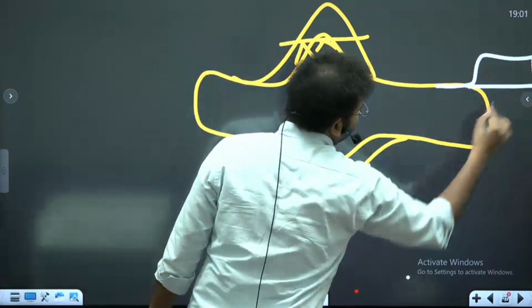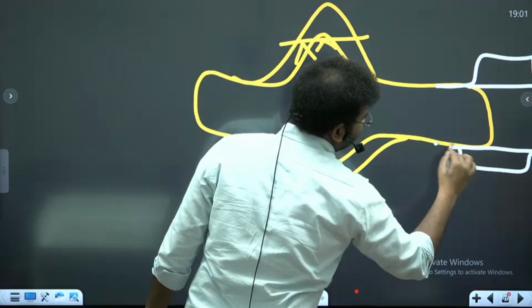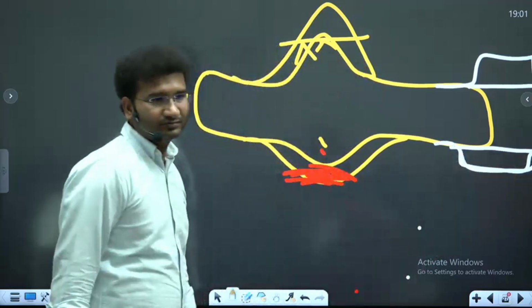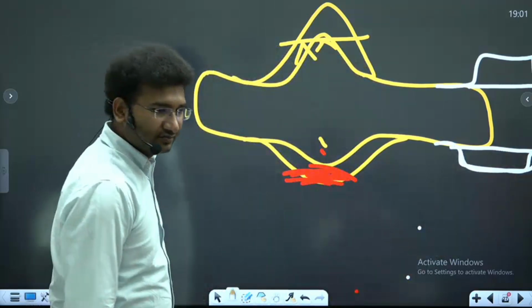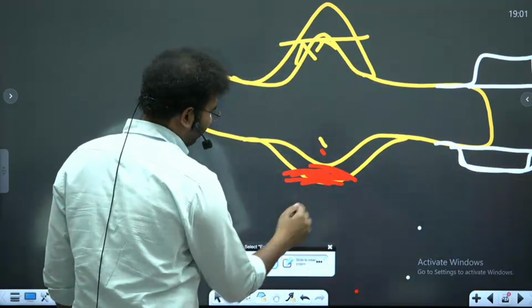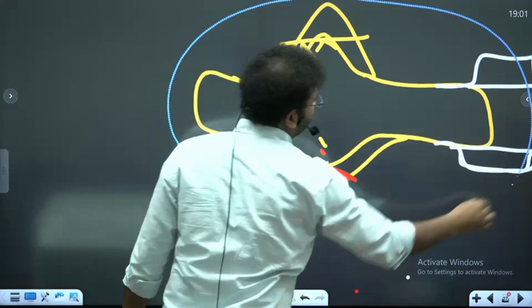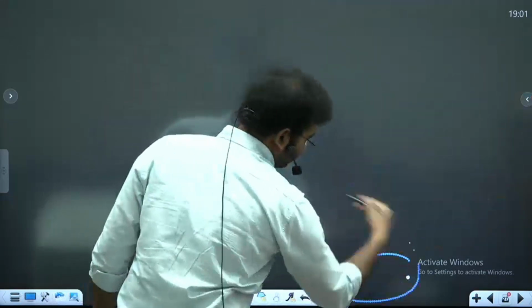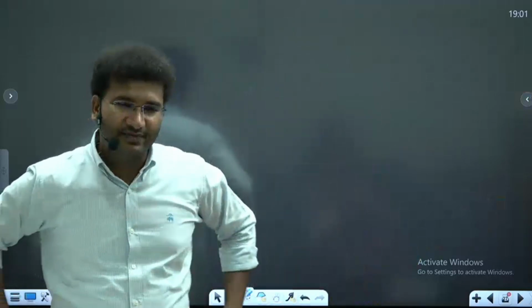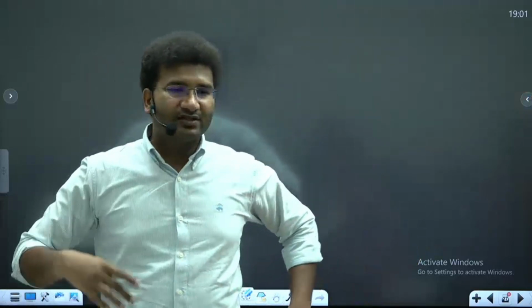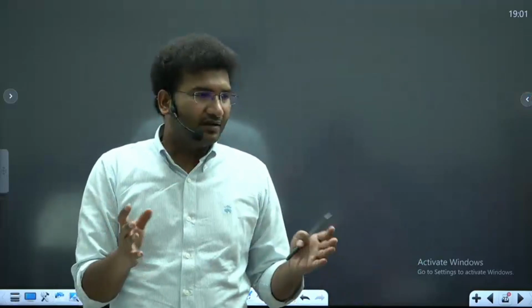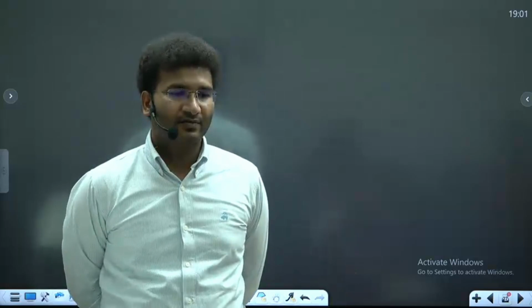This is a plateau. But the base of the plateau will also be like this. Similarly, you will get to see in equal amounts the asthenosphere floating there. Right?